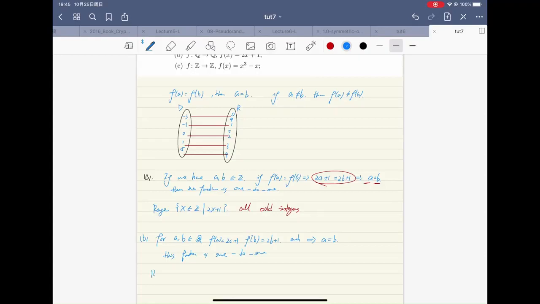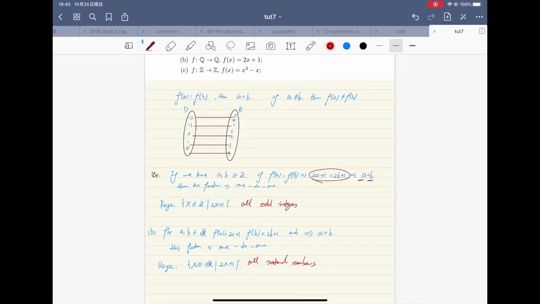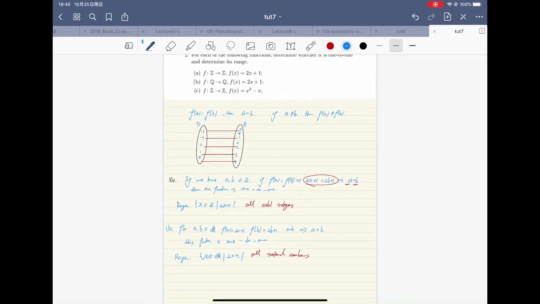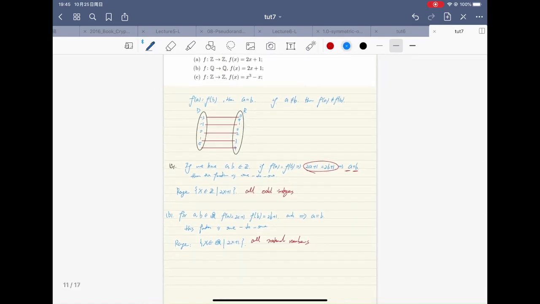The range should be the same: x belongs to the rational numbers and 2x plus 1. So it's all rational numbers. Yeah, that's the function B. Next one should be function C.